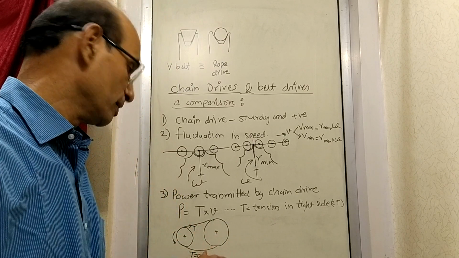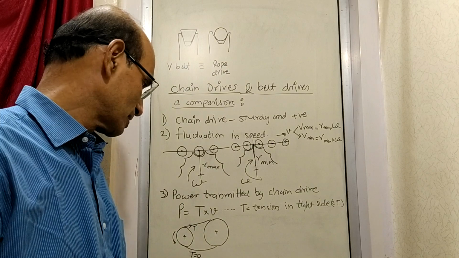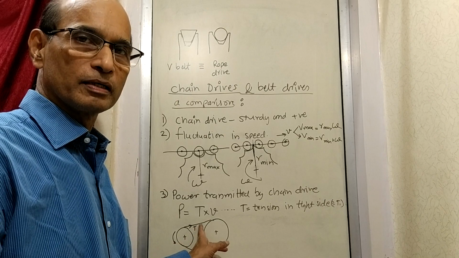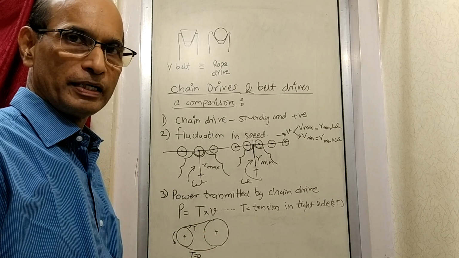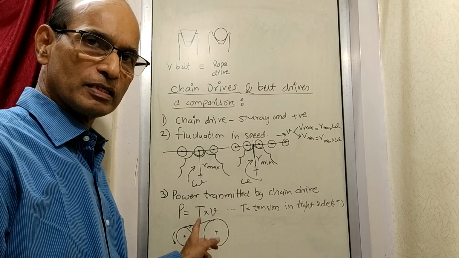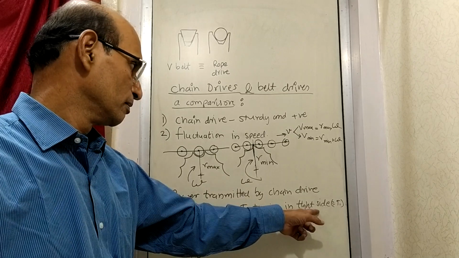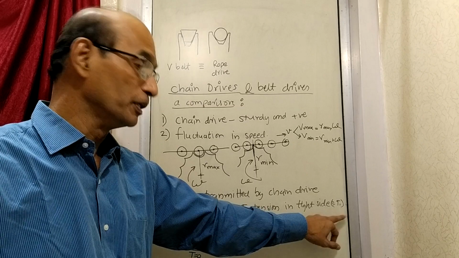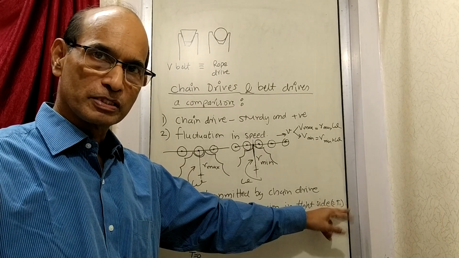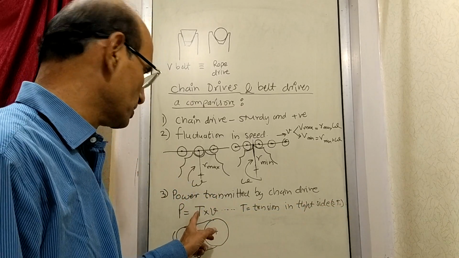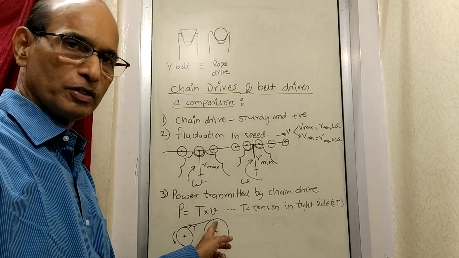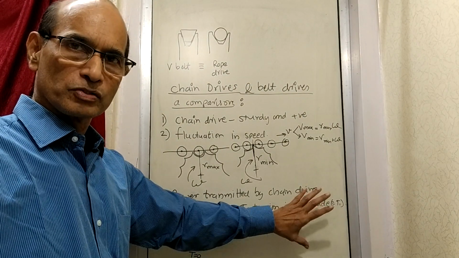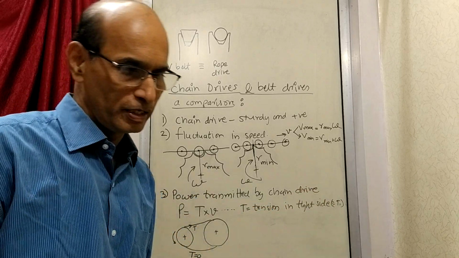On the slack side, there is no tension. Last time we saw that on the slack side of a chain there is no tension, and the tension exists only on the tight side. So there is no T1 and T2, there is just T, which is the tension in the tight side, similar to T1 in a belt drive. But in a belt there is T2 also, and then we take the difference, T1 minus T2. Here it is just T into the velocity of the chain. That is called the power transmitted in the case of chain drive. So there is a difference between the belt drive and a chain drive.